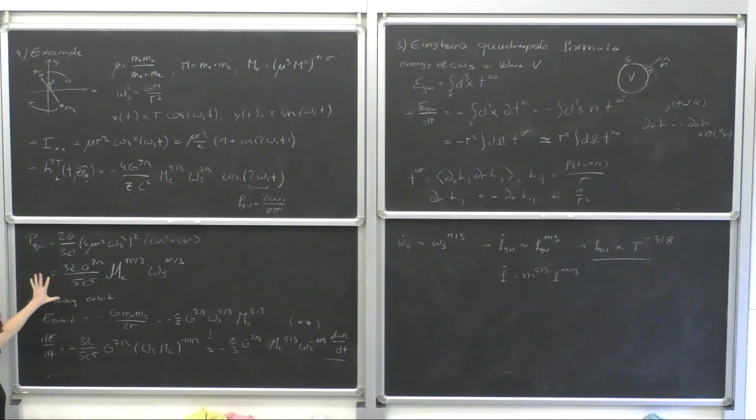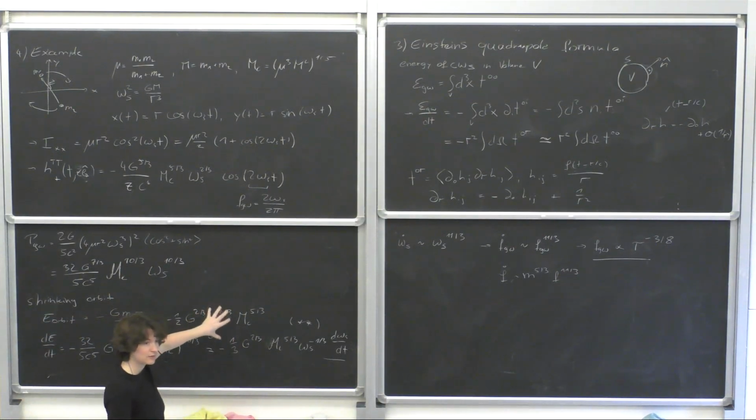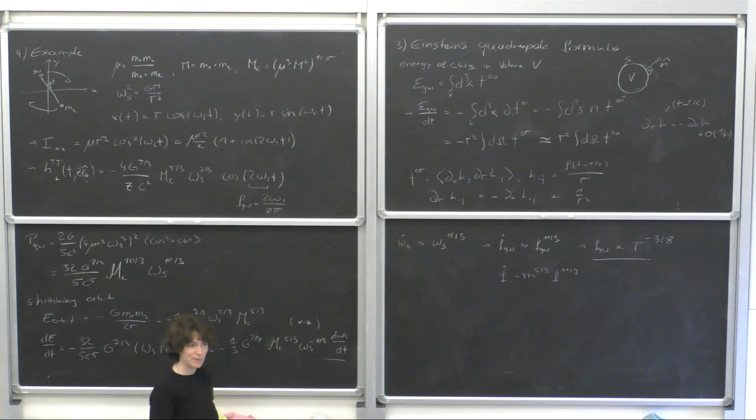That is completely generic. This expression assumes circular orbit, but the expression that we had beforehand, which is now gone, did not assume circular orbit. So you can start general, compute the energy loss, and then in your Newtonian problem, introduce the energy loss and find the solutions to your system. And then you can plug that back in here and get your final result.